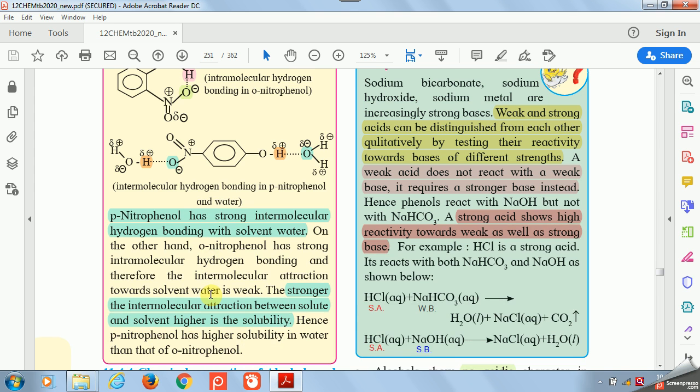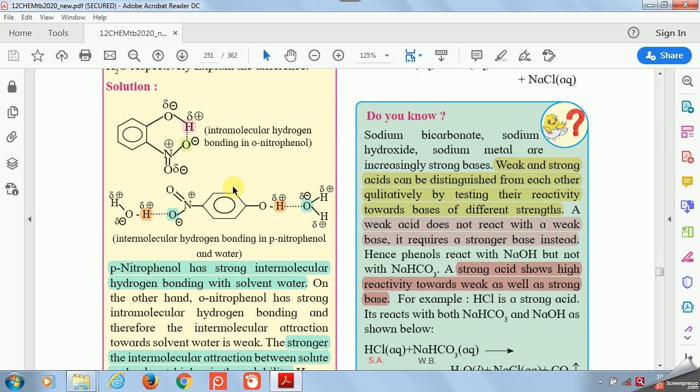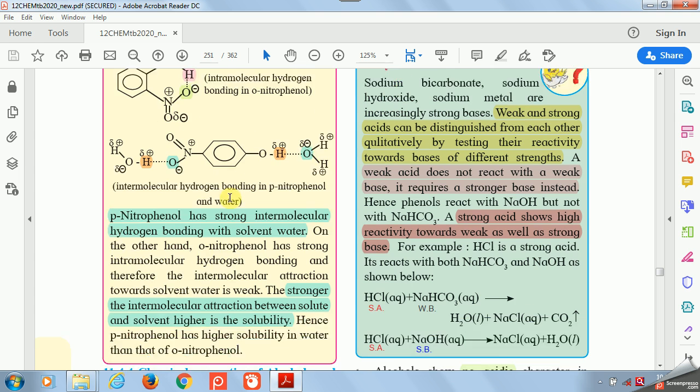Due to such strong intermolecular hydrogen bonding with water, the solubility of that compound increases. So the solubility of para-nitrophenol is greater, it is 1.7 gram, than orthonitrophenol because of stronger intermolecular hydrogen bonding.